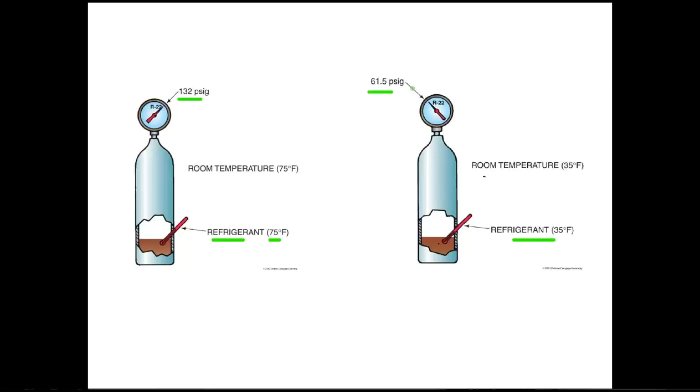And if we have this jug over here and we vent off some of this pressure and decrease the pressure, it's also going to decrease the temperature. So remember, pressure increase, temperature increase, pressure decrease, temperature decrease. Make sense? All right.